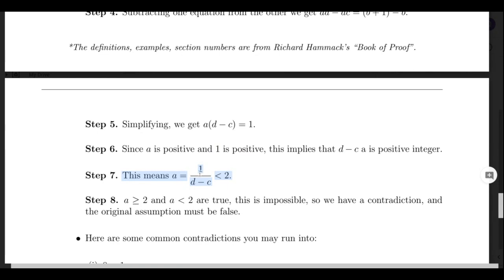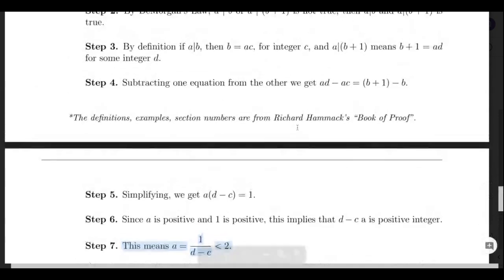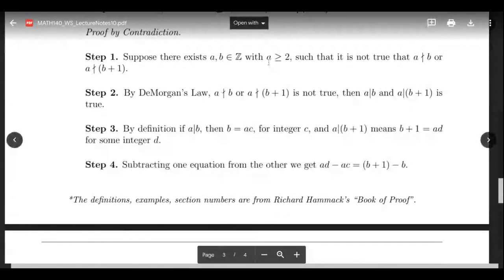Which is this number, 1 divided by D minus C. Remember, we assumed A is at least 2, right?